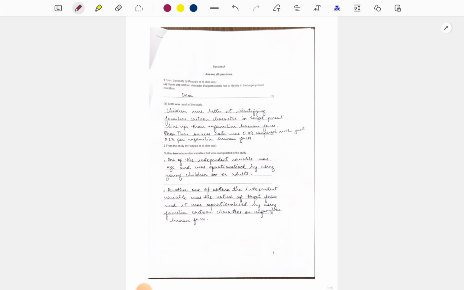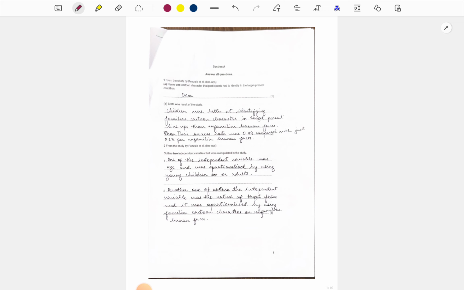Questions can come in any permutations and combinations in the paper. There is no predicting which questions will come in a psychology paper, so you have to be ready to answer any type of questions. How you would be ready is by practicing answer writing.